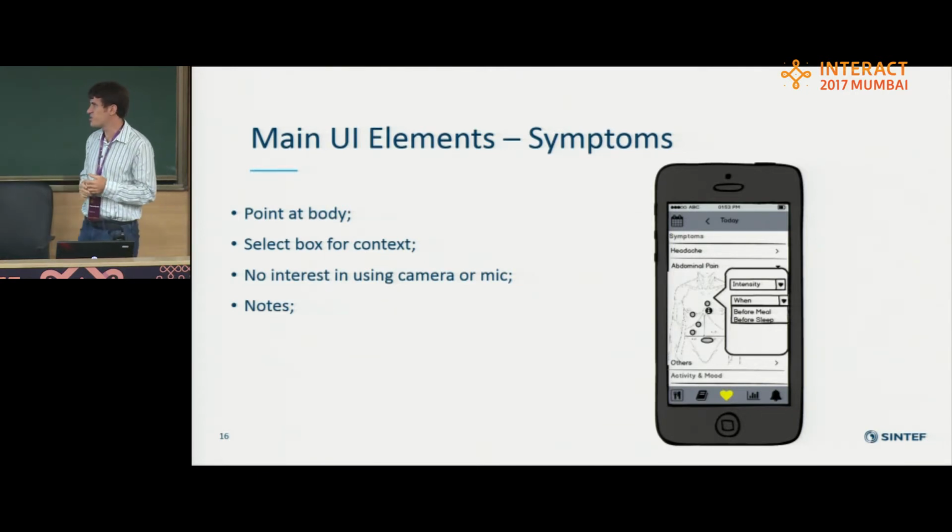One thing that was interesting: we asked whether using the microphone or camera would be interesting, like to record the coughing, or to take pictures of secretions. Some people were a bit worried, for example, if I take a picture of the mucus, would that be in my gallery of pictures?